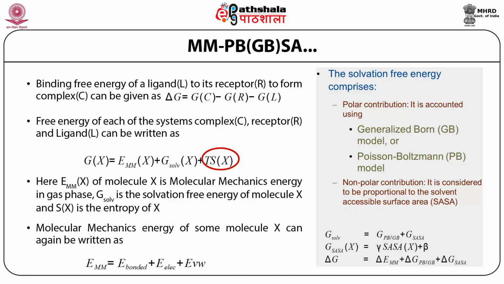Now, EMM comes from our trajectory of the main molecule, and G solve, comprising G SASA and G PB or GB, ultimately gives the solvation.